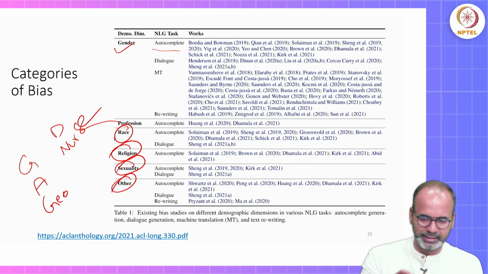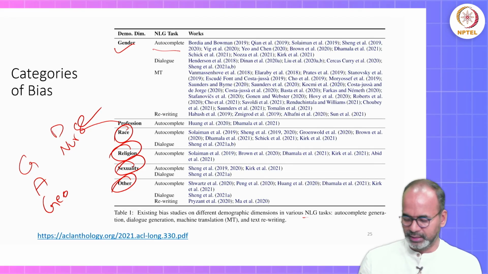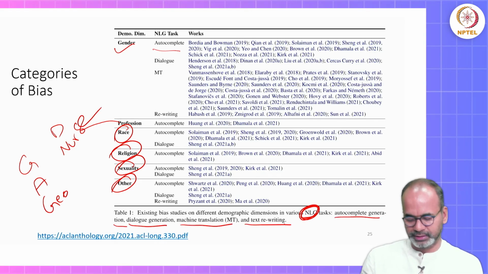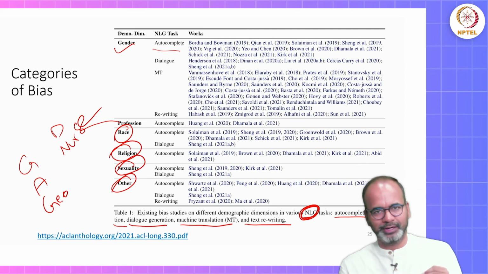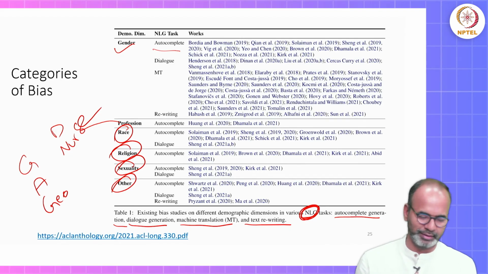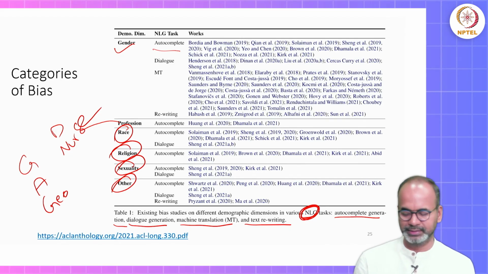But in this case, they particularly look at autocomplete. So the list that they had was natural language generation tasks, the NLG tasks, which are autocomplete generation, dialogue generation, machine translation, and text rewriting. These are the contexts in which they actually looked at the large language models and then saw that the different categories of bias are gender, profession, race, religion, sexuality, and the task that they were looking at is autocomplete generation.